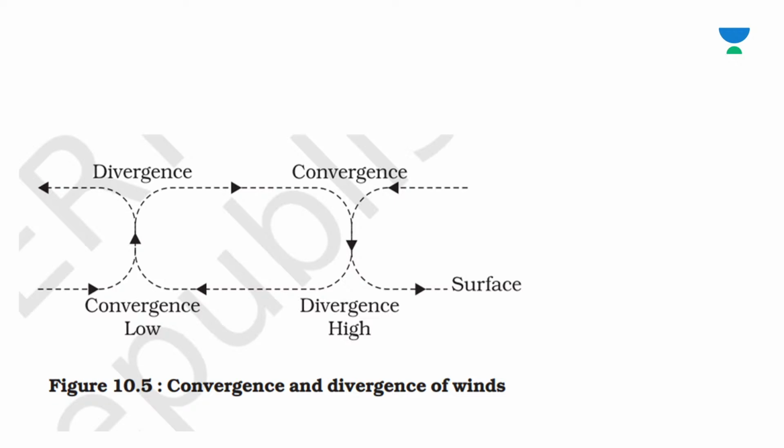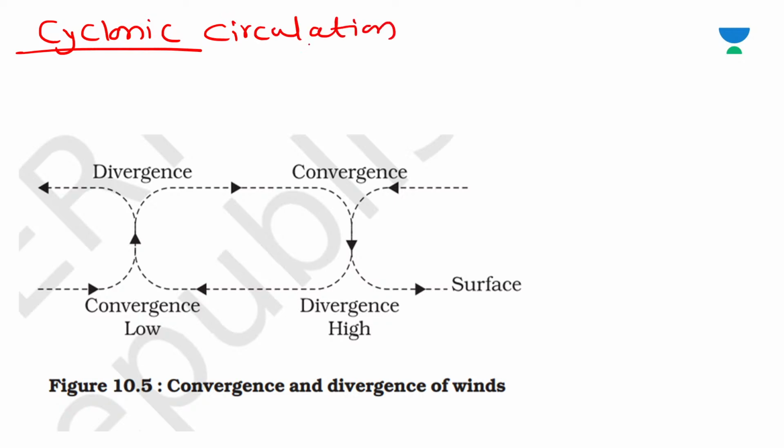Now friends, after geostrophic wind, now the wind circulation around a low is known as cyclonic circulation.